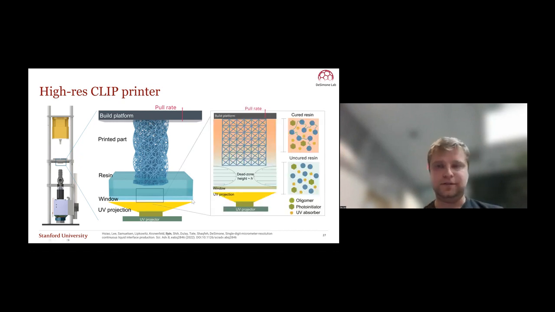But because the window is oxygen permeable, there is a dead zone where the oxygen concentration is too high, because the oxygen essentially takes those radicals that are forming at the interface and consumes them. So instead of propagating the reaction and interacting with other monomers, the reactants are essentially quenched. The radicals are quenched.